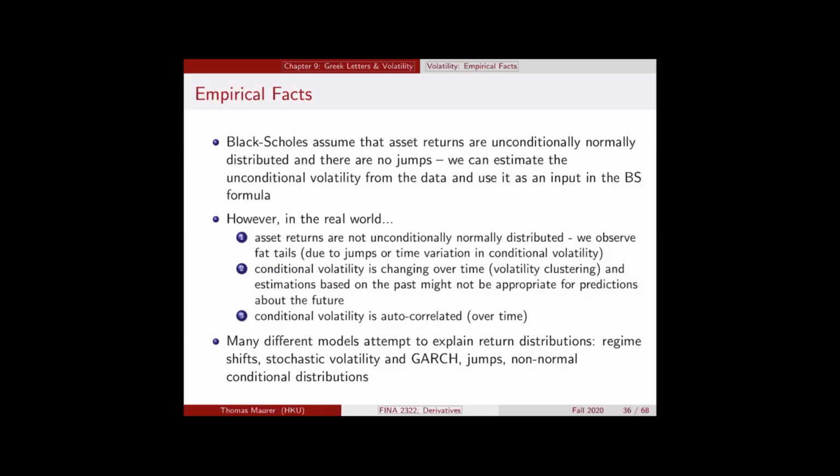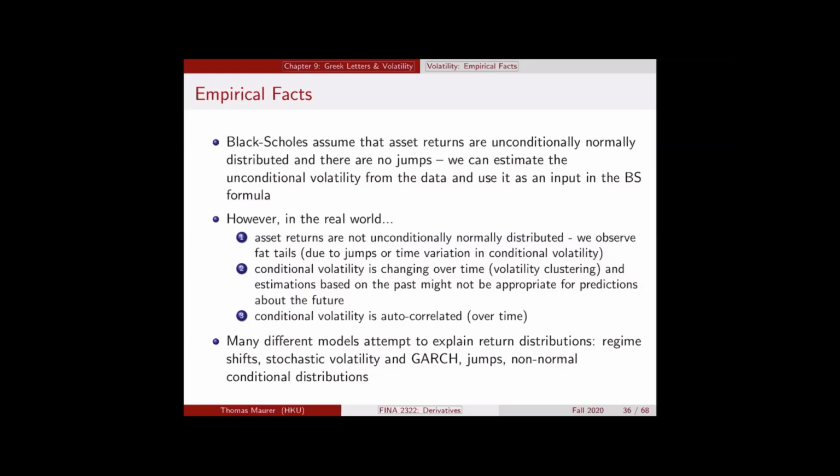Now, having these kind of fat tails or very large positive or negative return realizations could be due to different reasons. So one reason could be, well, there might be some jumps and maybe returns are not just following a normal distribution. Or it could be that the conditional volatility is changing through time, and sometimes volatility is just much higher than during other times, and during these high volatile times then you can get very large realizations, either positive or negative returns.